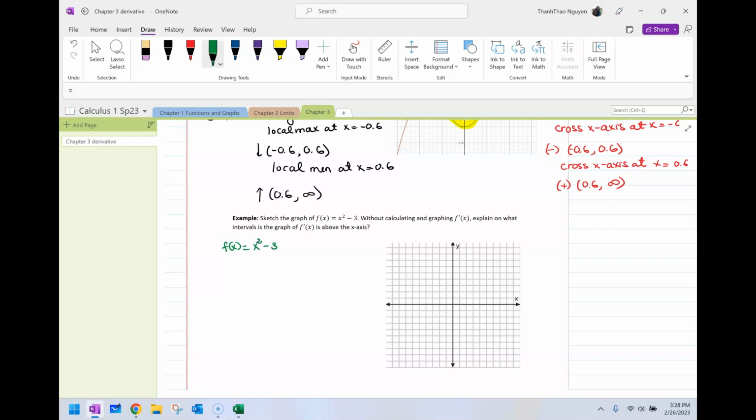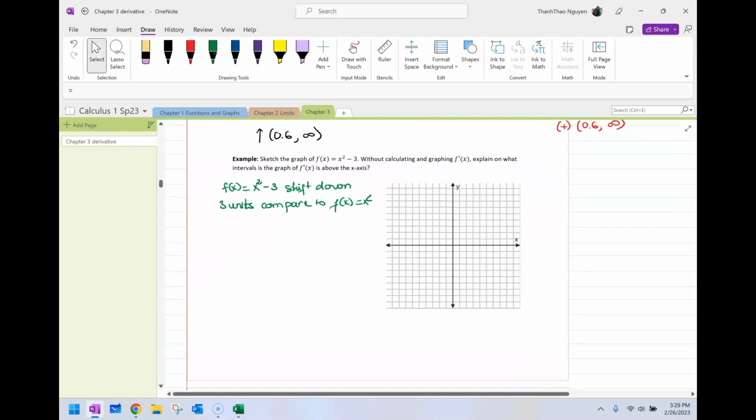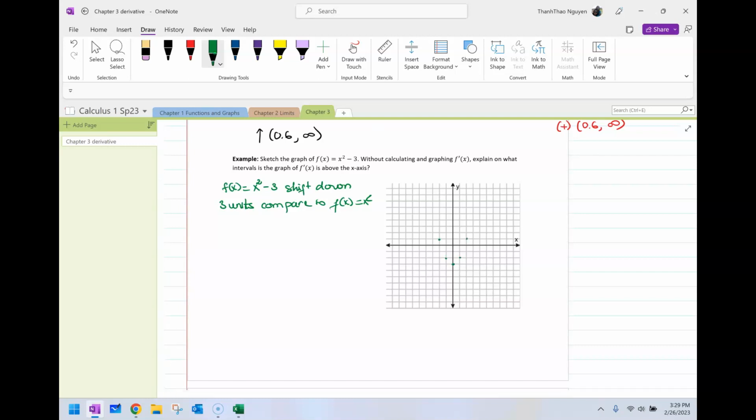This is shifted down 3 units compared to its parent graph, f of x equals x squared. And let's see if I can draw a nice curve. This is f of x.